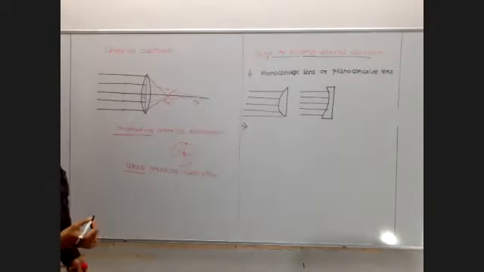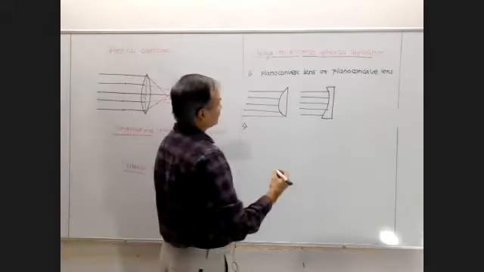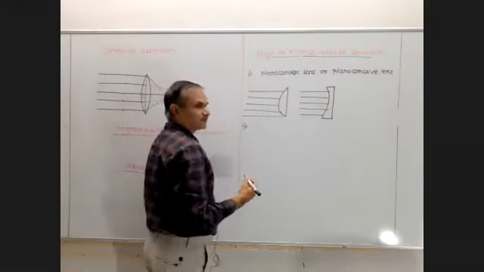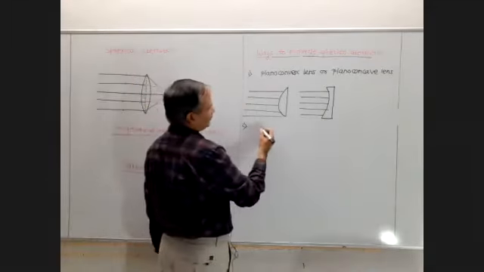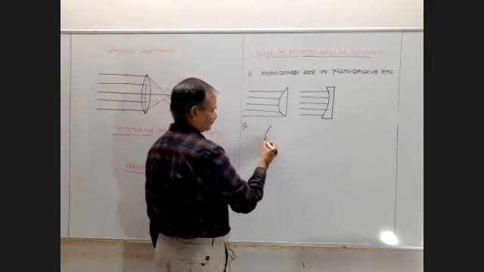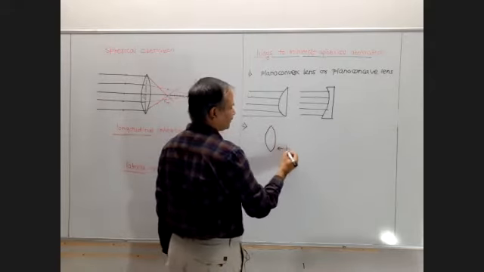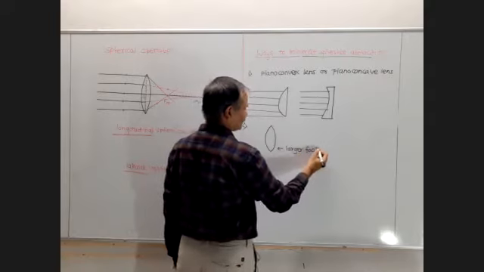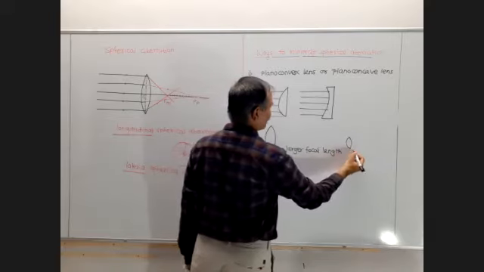Second way to minimize the spherical aberration is by using two convex lenses, one having larger focal length and one having smaller focal length.